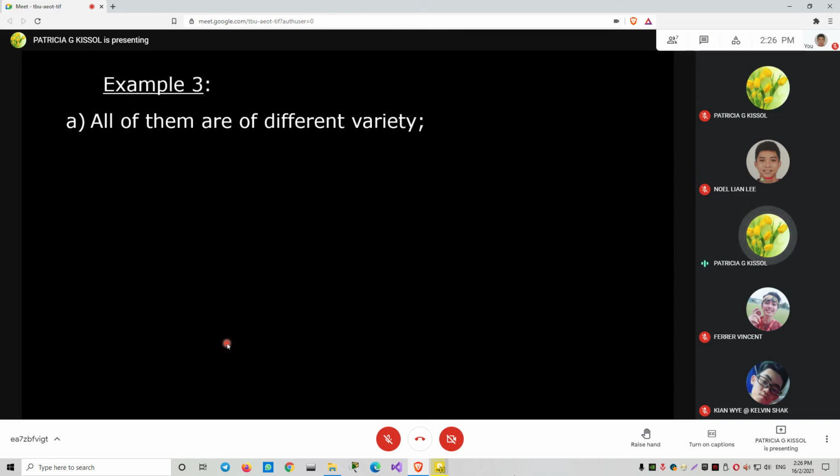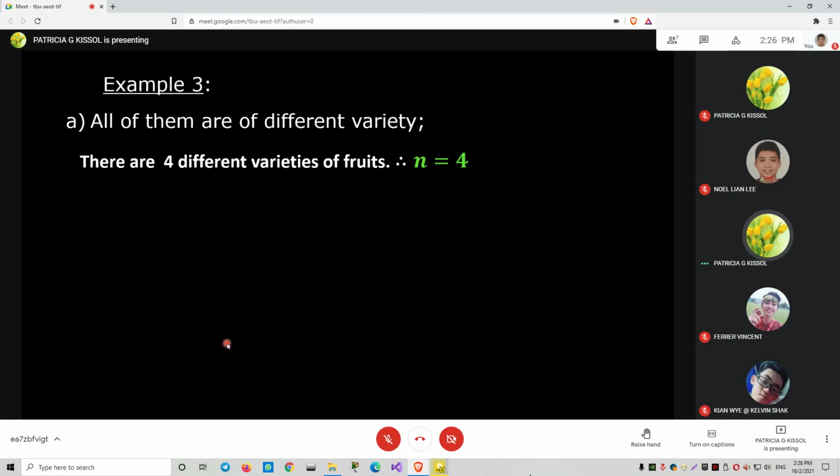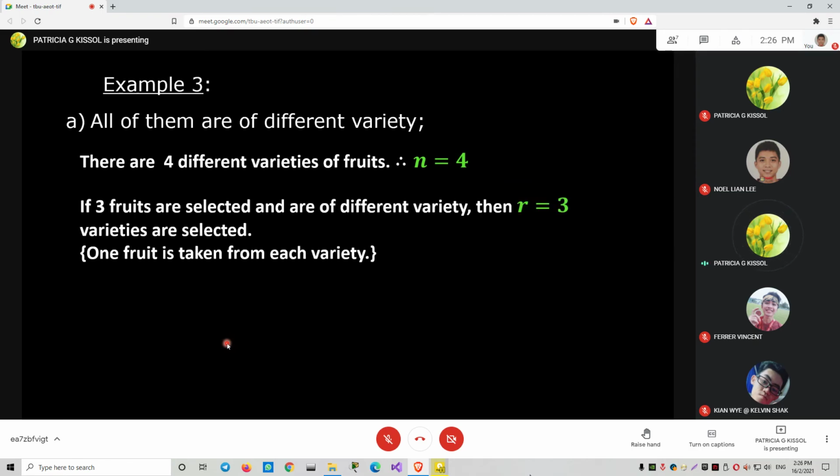Because there are 4 fruits, our n is 4. There are 4 different fruits that we can choose from. And if 3 fruits are selected and are of different varieties, then your r should be equal to 3 to represent the 3 varieties selected.